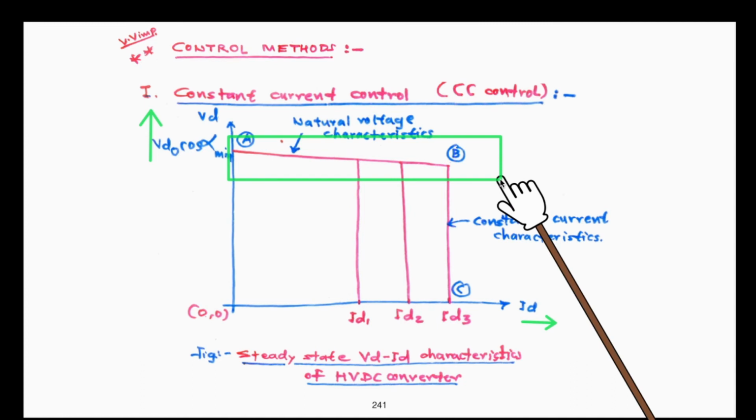It is almost a flat DC voltage output, with a slight decrease in the slope due to a small amount of resistive voltage drop on the transmission line.